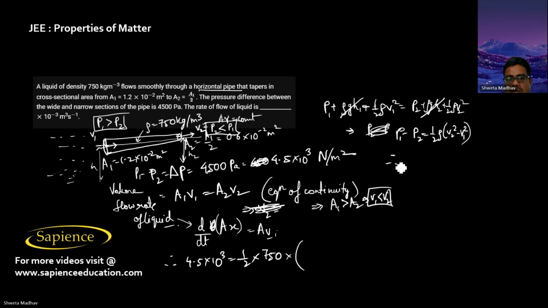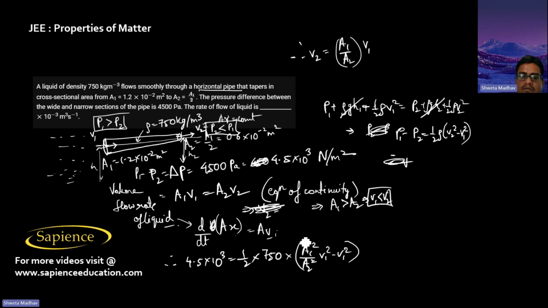Therefore, V2 will be equal to A1 by A2 into V1. So this will be A1 square by A2 square into V1 square minus V1 square.